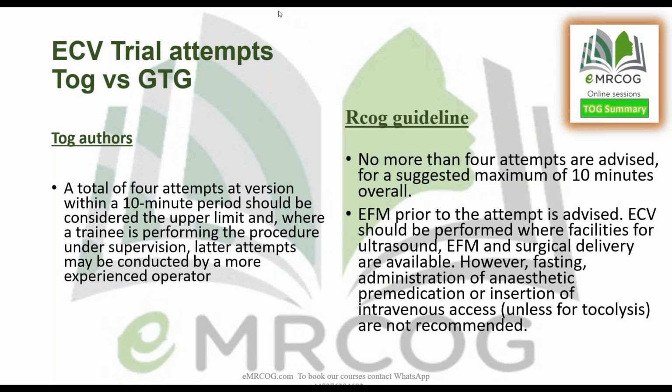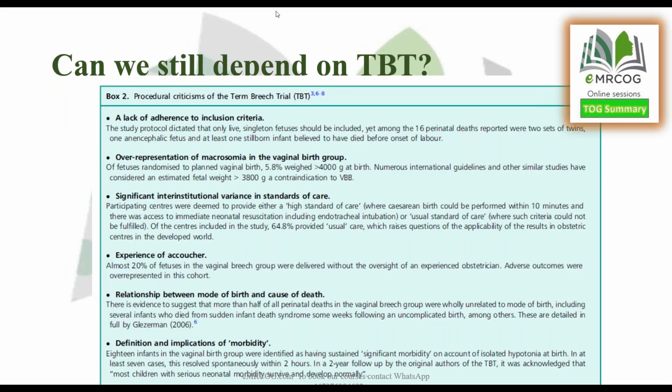So the TUG article suggests that 4 attempts of ECV, and even more, can be done only by an experienced operator. Okay, so this is what came in the TUG article. The TUG article, my friends, is criticizing the term breech trial.